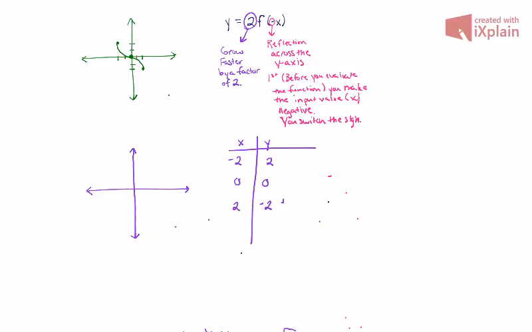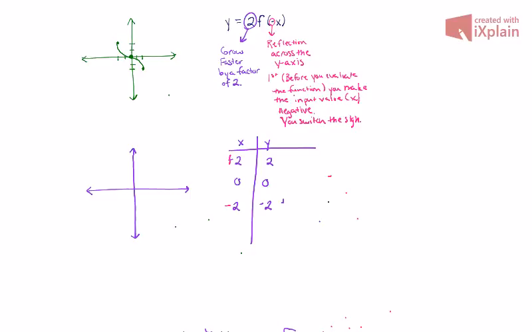So note first that we are switching the signs of all of our input values. So this -2 becomes positive. 0 is kind of immune because 0 can either be positive or negative. And then we would make this +2 a -2.